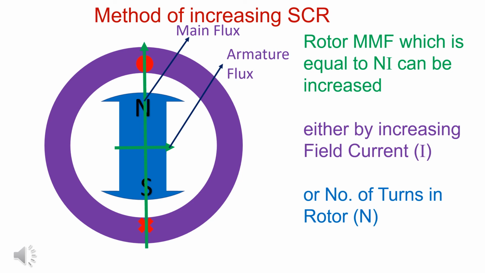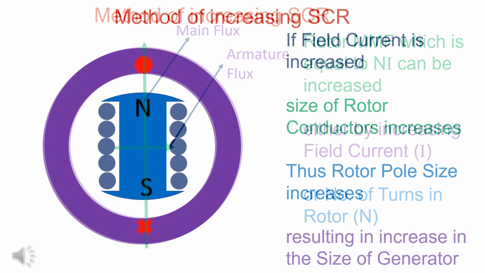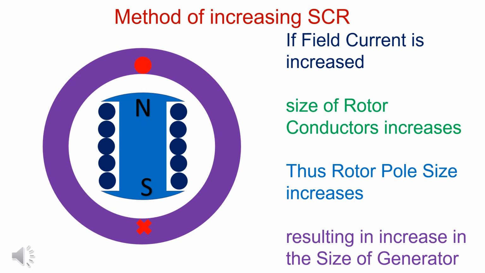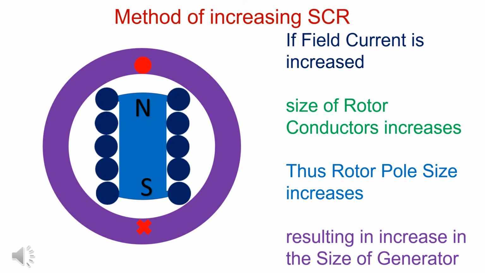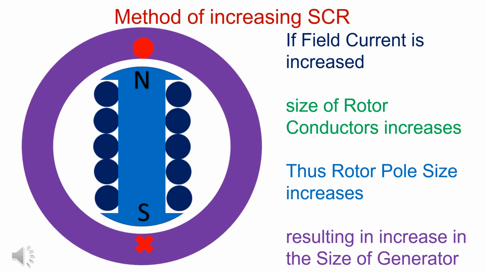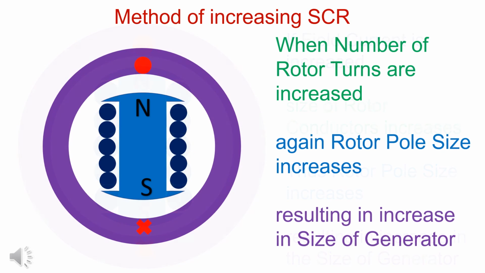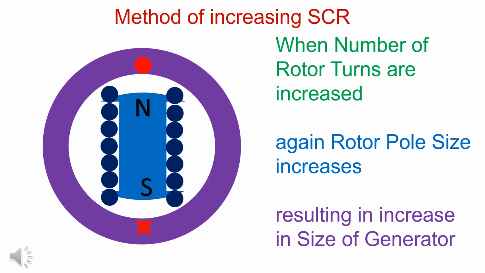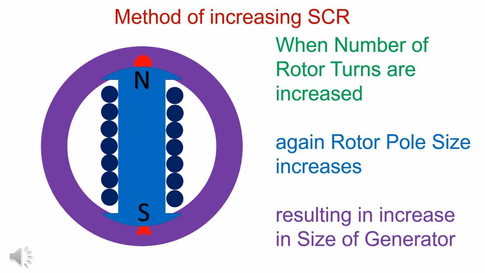Rotor MMF can be increased either by increasing field current or the number of turns in the field winding. If field current is increased, size of rotor conductor increases and size of the generator goes up. When number of turns in a rotor winding is increased, size of generator again goes up.